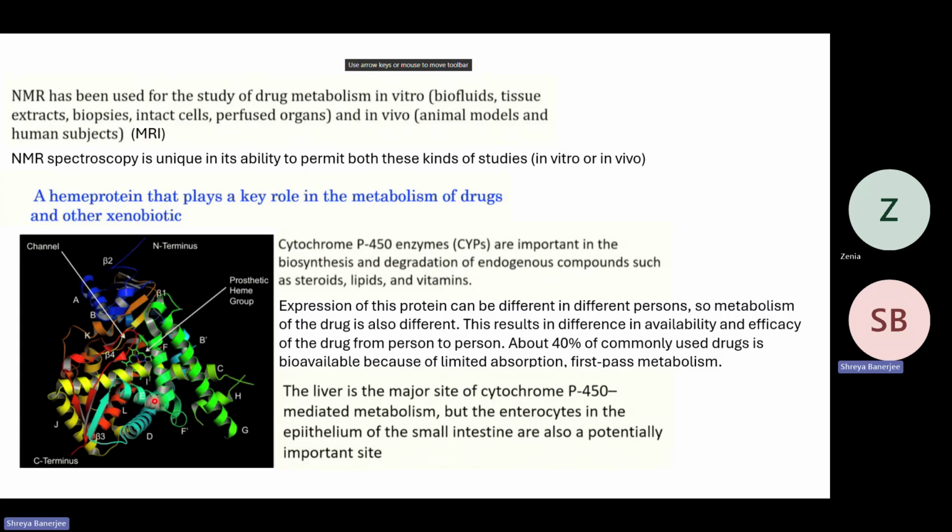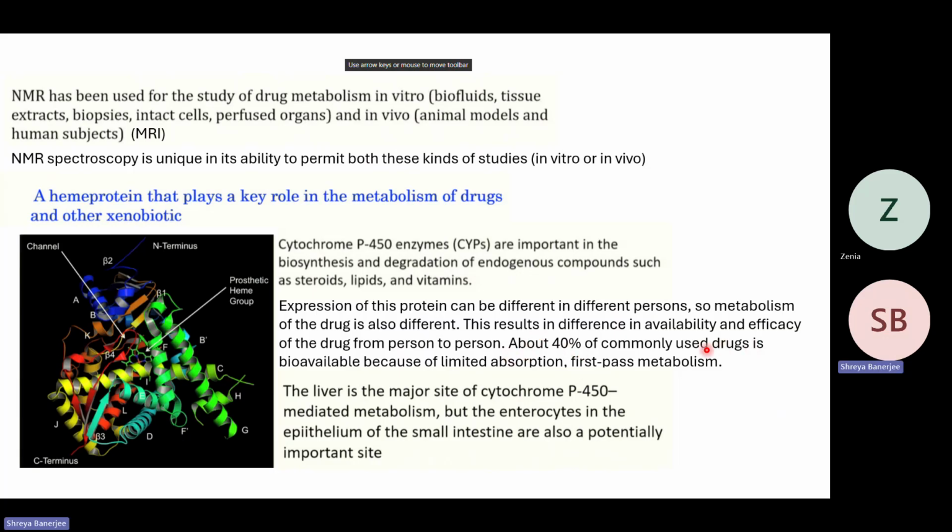Since this is expressed differently in different persons, if you're taking a drug, that will also act differently in different persons. So metabolism of the drug is different, and this results in a difference in availability and efficacy of the drug from person to person.